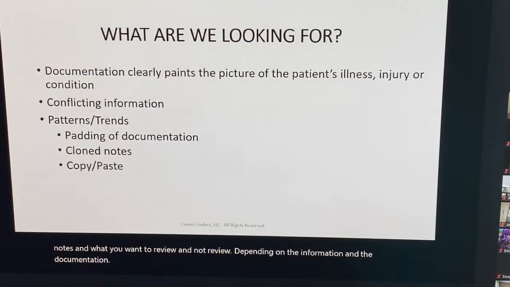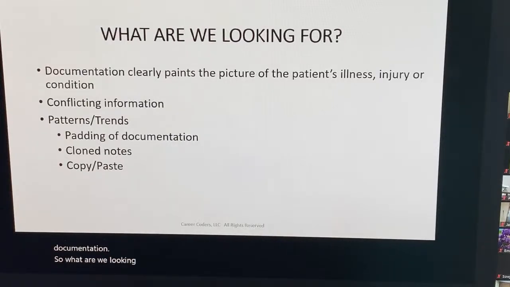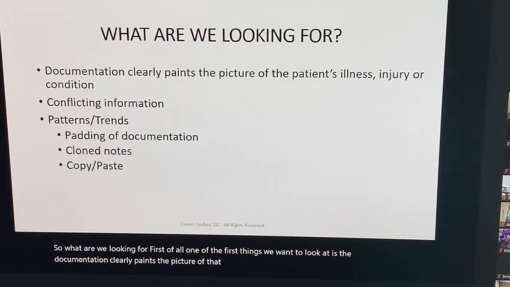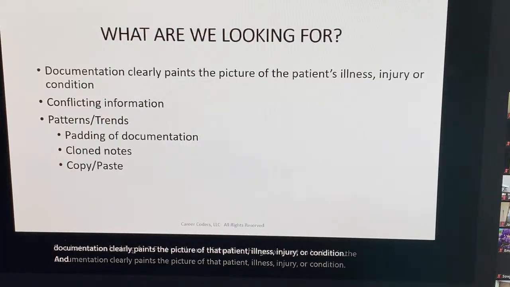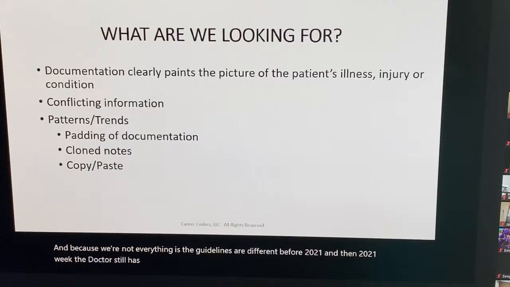So what are we looking for? Well, one of the first things we want to look at is whether the documentation clearly paints the picture of that patient's illness, injury, or condition. Because the guidelines are different before 2021 and then 2021, the doctor still has to tell you what's going on with that patient.